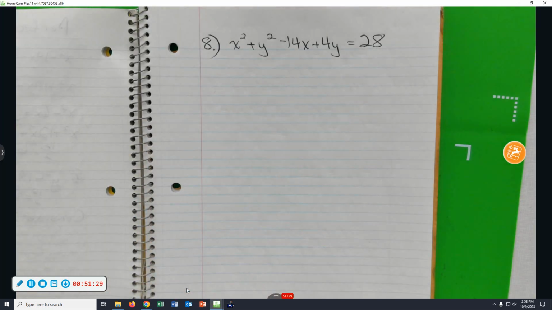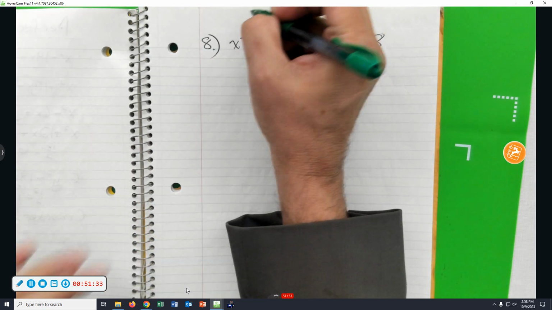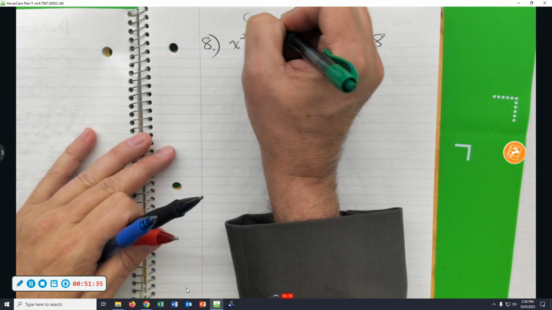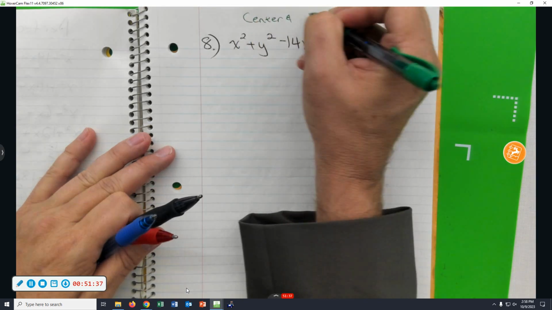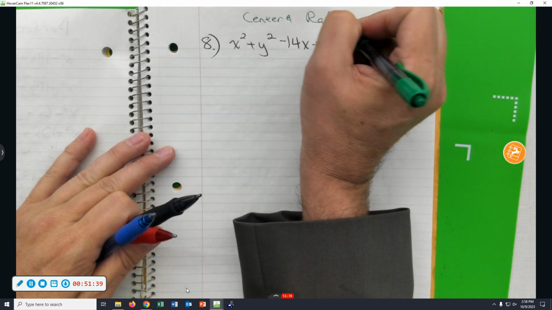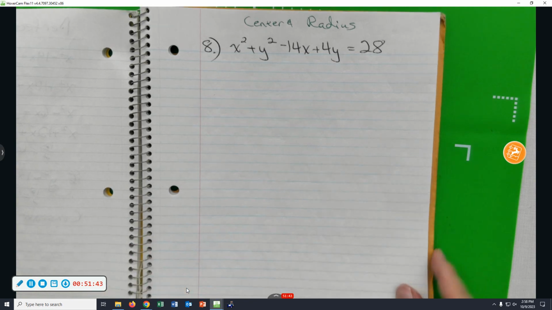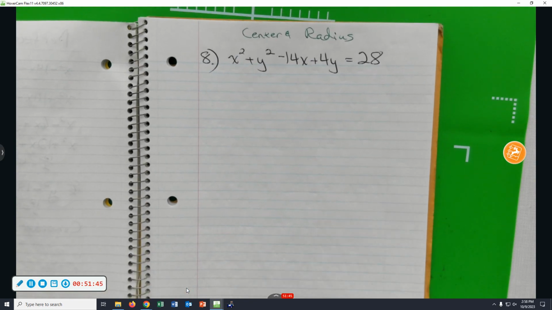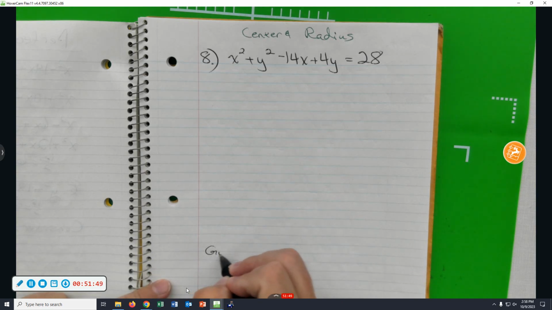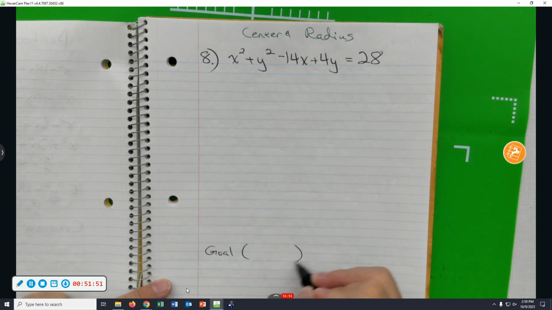So they want us to find the center and radius, and in order to do that we need to get it into center radius form. So here's your goal. I'm going to write the goal down here.